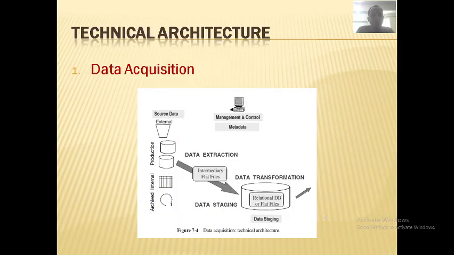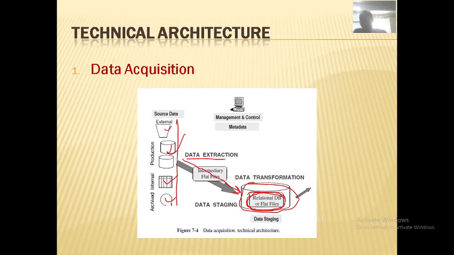Now, where we are? Yeah, here. So, technical architecture is divided into 3: data acquisition, data storage, and one more is information delivery. This data acquisition, this is the architecture. Now, in this architecture, we have, see here now, 3 things.